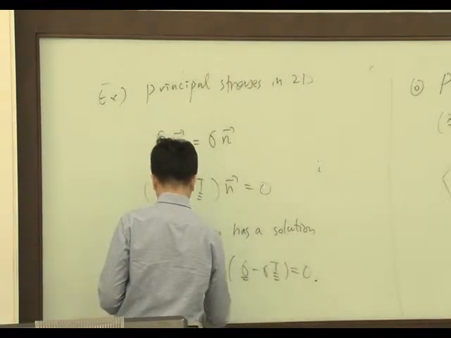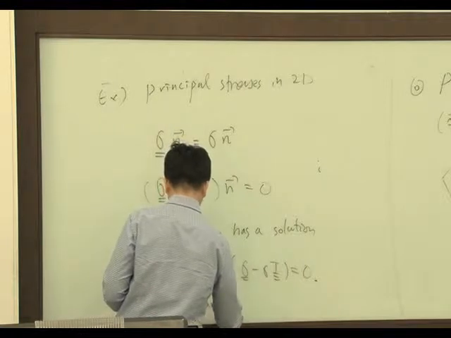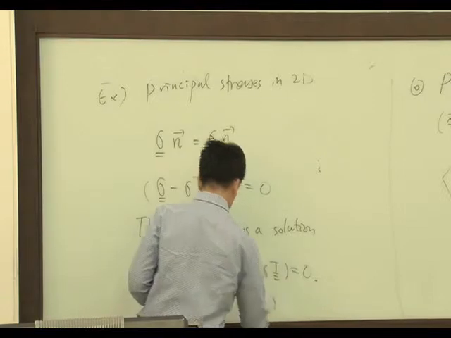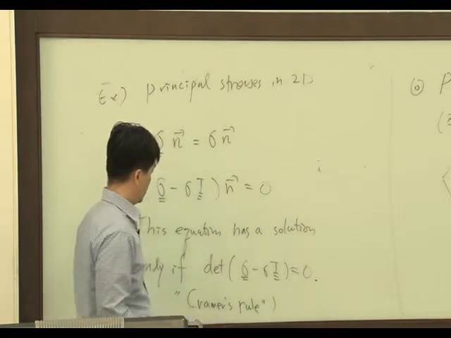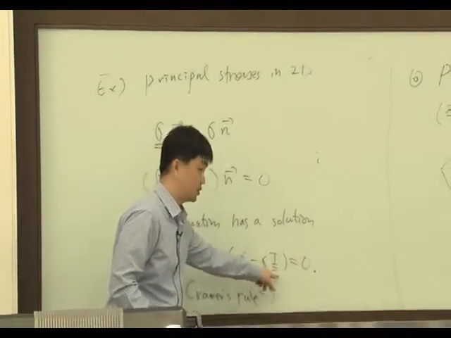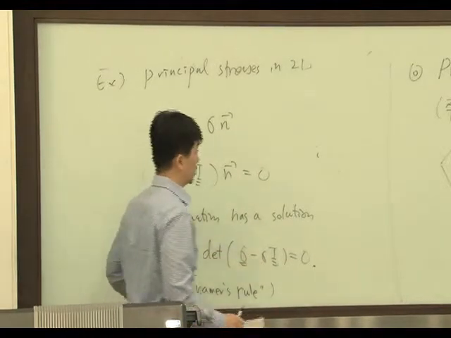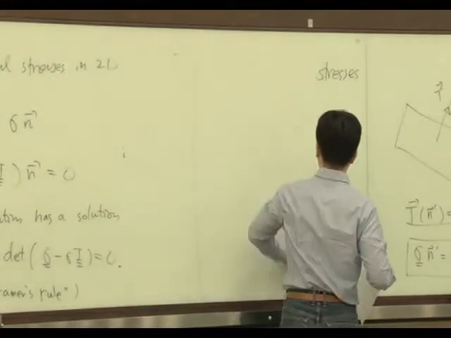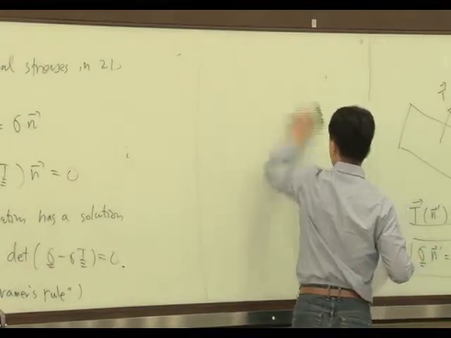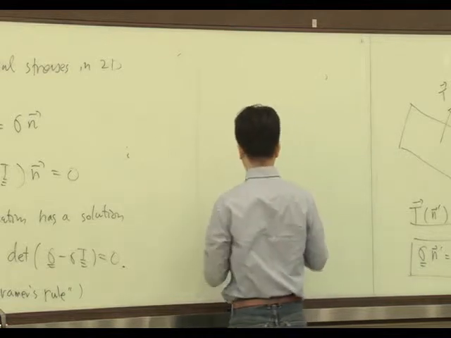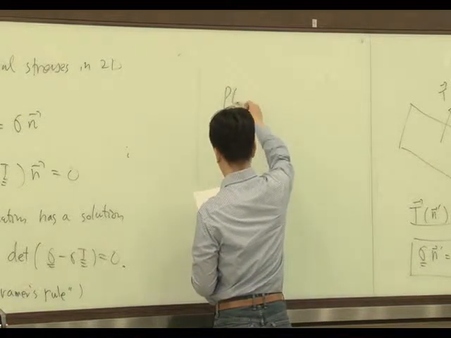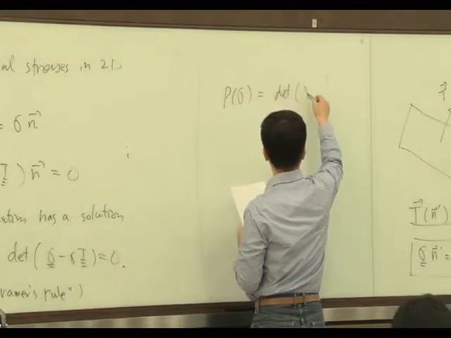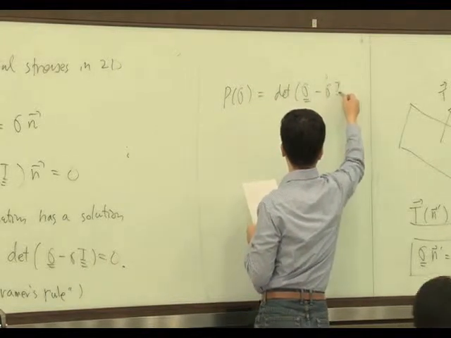This is named Cramer's rule. So if you take the determinant of this matrix, we can have a polynomial, the characteristic polynomial. So P(sigma) will be the determinant of (stress minus sigma I).